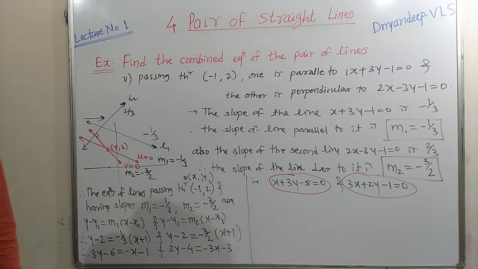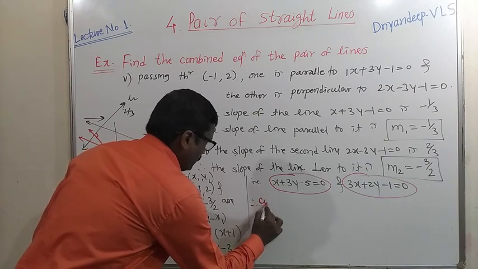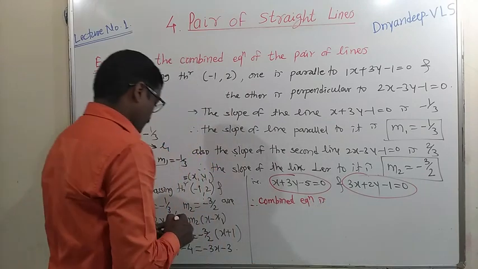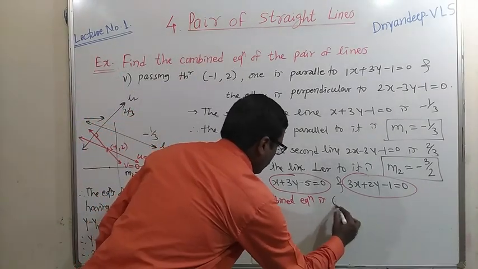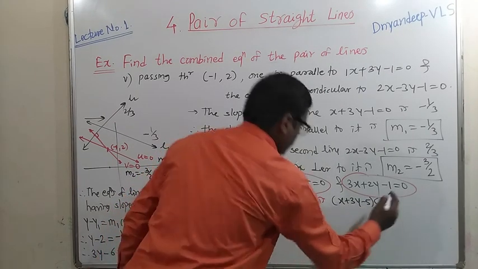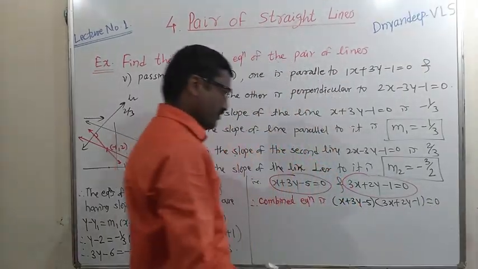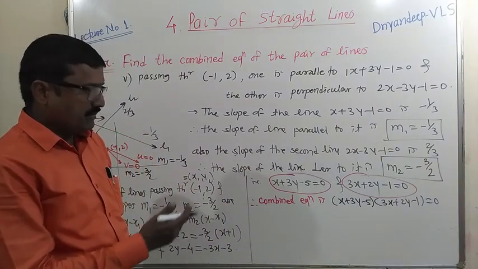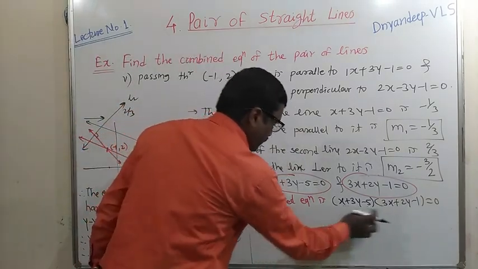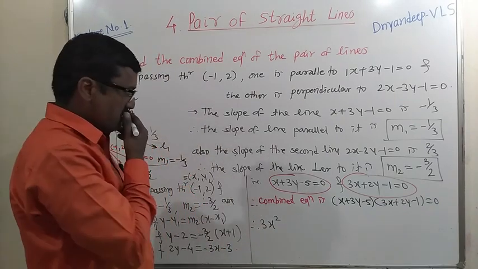Now from these two separate equations we have to find their combined equation. Therefore the combined equation is x plus 3y minus 5 equal to 0 into the second equation, that is 3x plus 2y minus 1 equal to 0. If you are able to write the combined equation directly, you can write it, or take the multiplications. I will write it directly: 3x into x, that is 3x square. That is the first x square term.